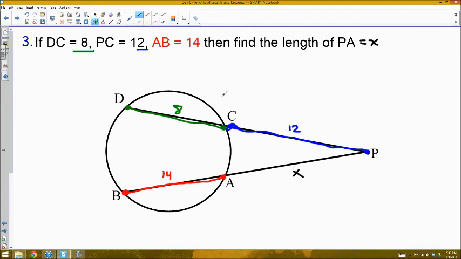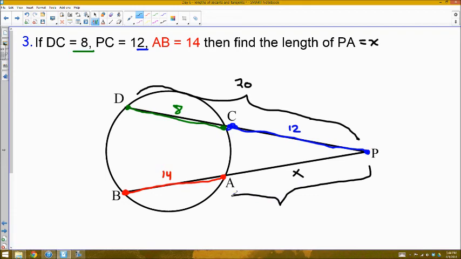Well, recall that when I have two secants, it's the length of the external segment times the entire secant segment, which means that in this example, I'll need to know the lengths of these entire secant segments. Well, PD would be 12 and 8, which gives me 20. And PB, a little more challenging, is 14 plus X, or just X plus 14, the combined total length of those two segments.